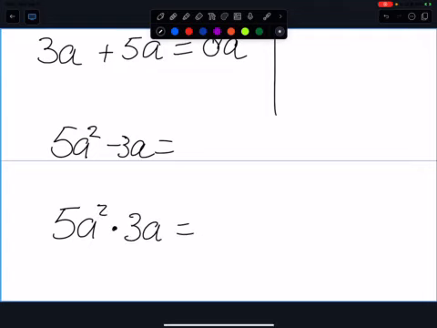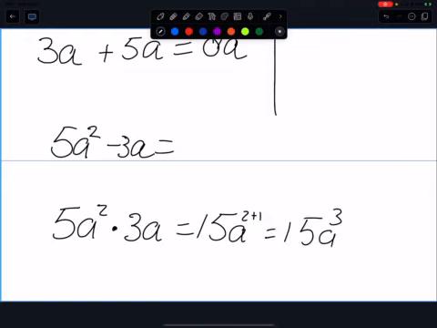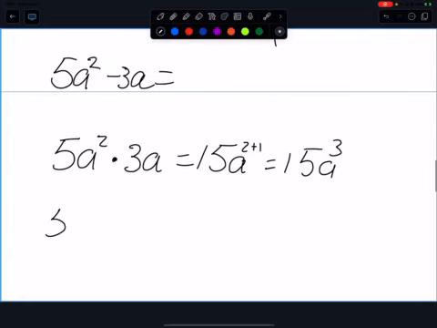Then you multiply the numbers with each other, and then you multiply the variables with each other. 5 times 3, 15. a squared times a is a to the 2 plus 1 equals 3. Same with addition. You cannot do it. Stays the same.